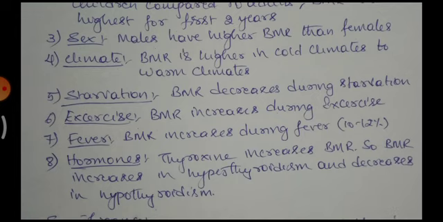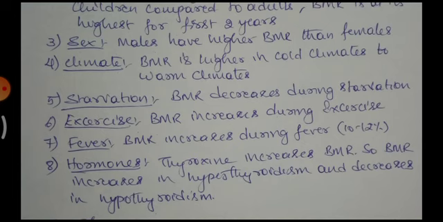And also starvation. BMR increases during starvation. Whenever you don't eat food, your energy requirement will be more. And exercise. Whenever exercise is performed, energy is lost in the physical activity, hence the BMR is also more. In fever, the BMR increases. Hence, to cope with the BMR during fever, you should give extra energy or calories.